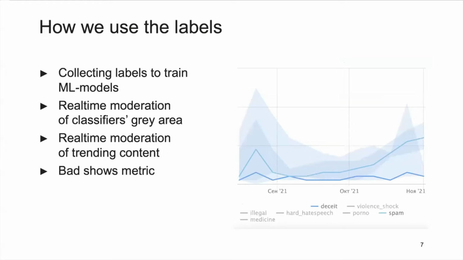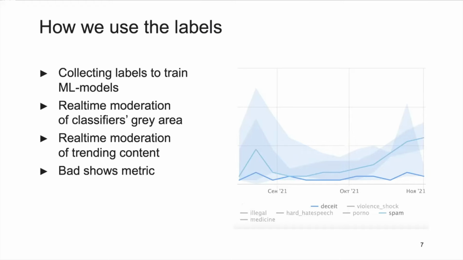We use Toloka in multiple ways that we find useful. First, of course, it's collecting labels, collecting datasets to train our classifiers. And most of the time, classifiers get to decide if we show or not show the content in the newsfeed.